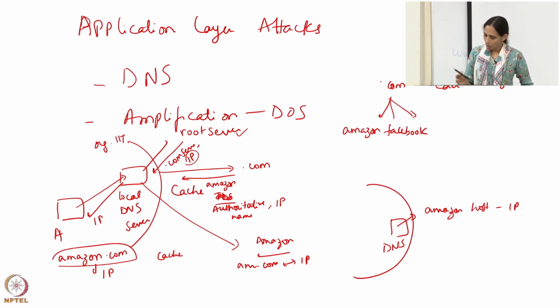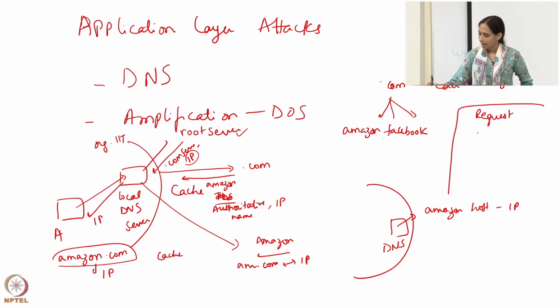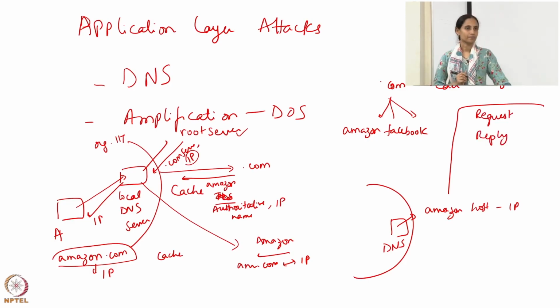Let me also mention here, DNS essentially has a request and there is a reply that will come in response to that request. As part of the request, there is a field called ID, which it will fill with some number, let us say ID is 23. Typically the reply will reproduce this ID.